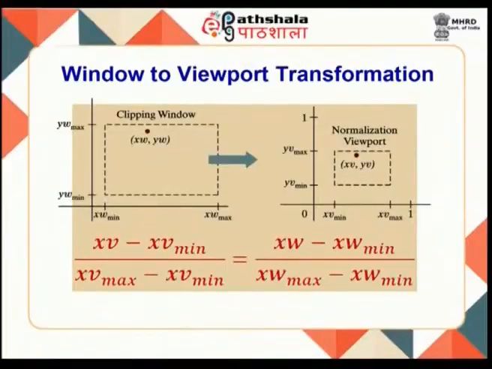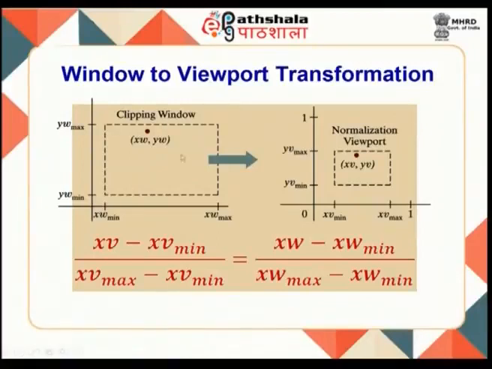For performing this transformation, we imagine a rectangular region in the world coordinate system. Let us call that the window. A window is a standard rectangle, and let xw min, xw max and yw min, yw max be the four infinitely extending lines that make up the window boundary.